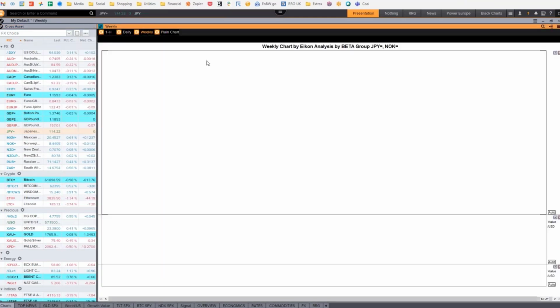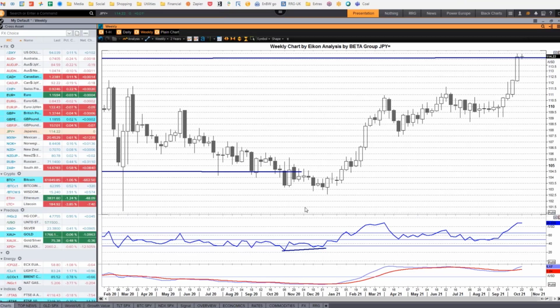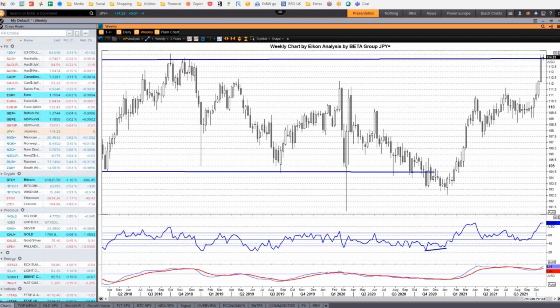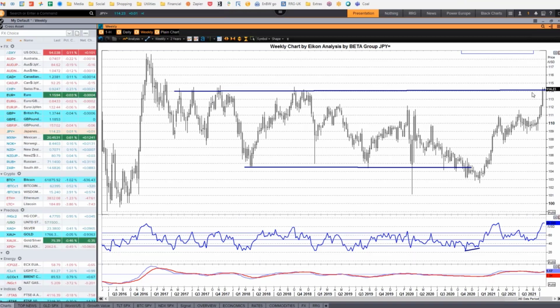But this is what's so interesting about it, is the level that it is challenging. Let me just show you where this horizontal level is coming from. Look at this. How important is this level? The 2017 highs, three highs in 2017, two in 2018 being challenged here. This will be big news when this breaks.